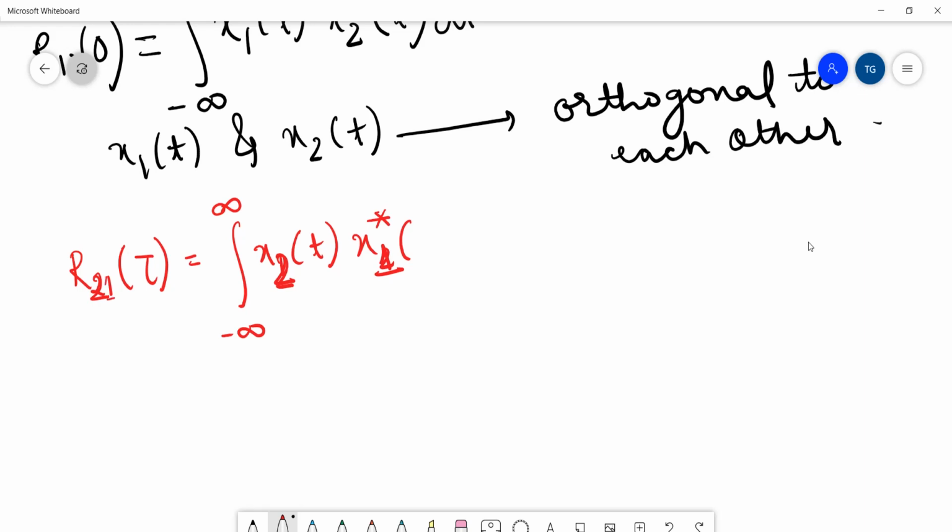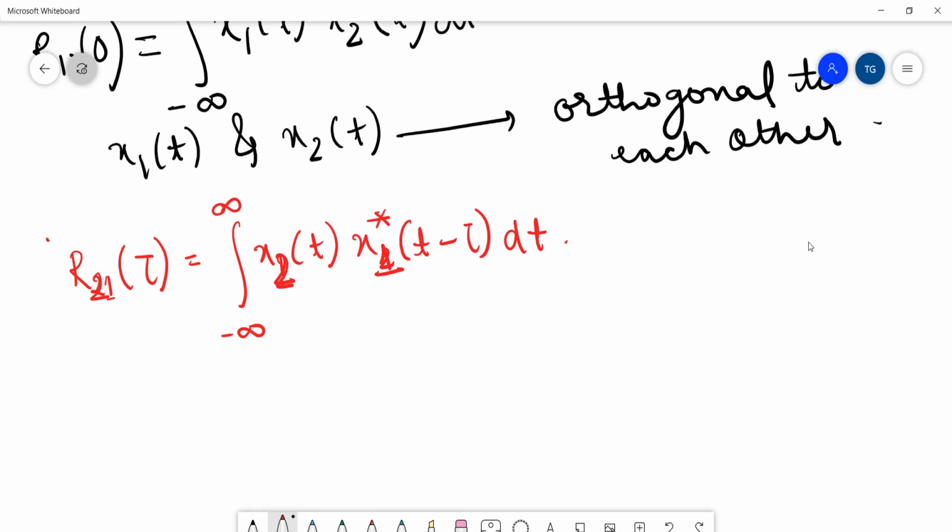So here 1 is the second signal, so t minus tau into dt. This will be my cross correlation function when denoted like this.